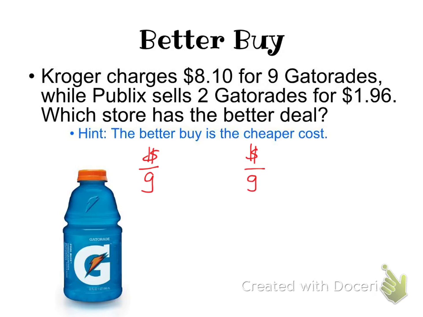Okay, so first we'll start with Kroger, and it's $8.10 for 9. And I'm going to go ahead and write in what it is at Publix. It's $1.96 for 2. Okay, I want you real quickly to calculate how much it is per Gatorade at each one of those 2 places.